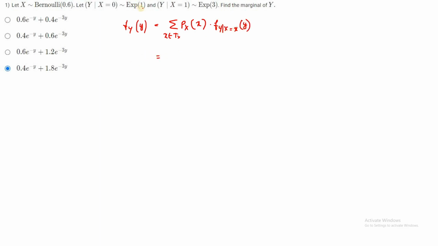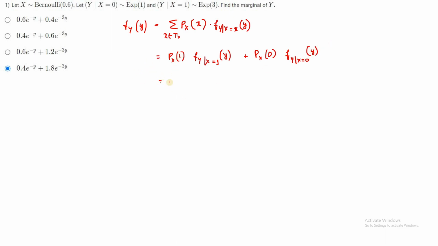They've given two different things. Since this is a Bernoulli, X will take only values 0 and 1. So the first thing, let's take it for 1: p_X(1) into f_{Y|X=1}(y), plus, now let's take 0: p_X(0) into f_{Y|X=0}(y) for any value of y.